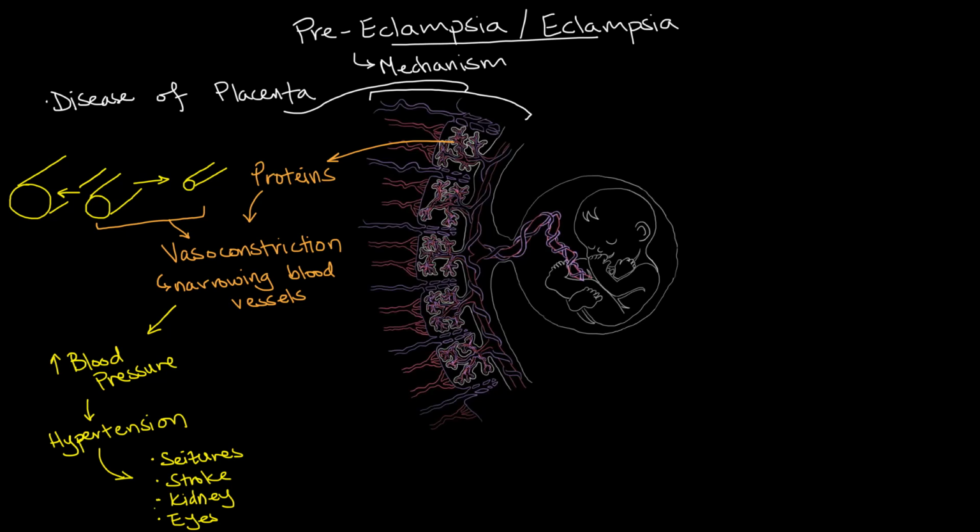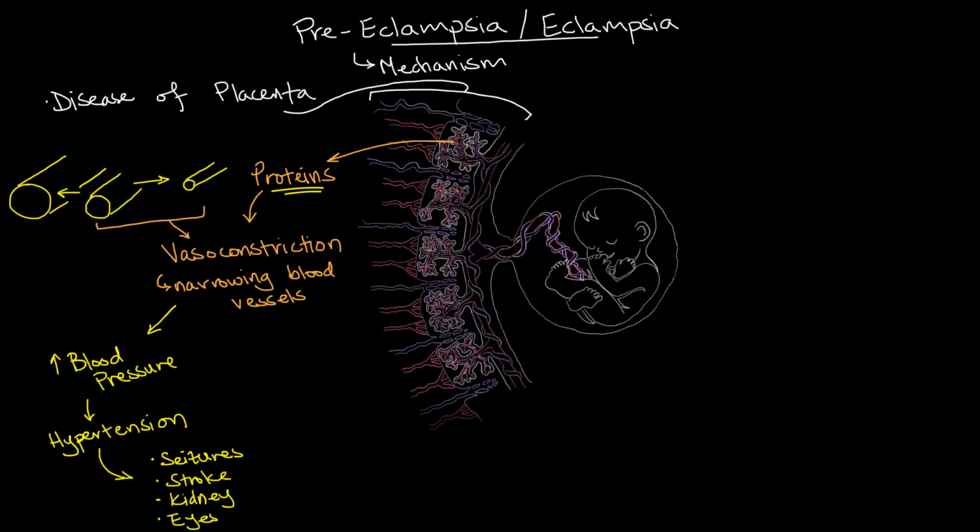But most of the side effects are caused by this excessively high blood pressure that is brought on by vasoconstriction. Again, the placenta and the mom's blood vessels are all being told to vasoconstrict by proteins secreted by the placenta.